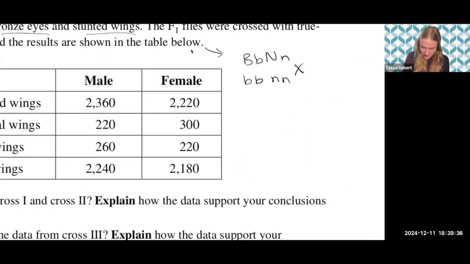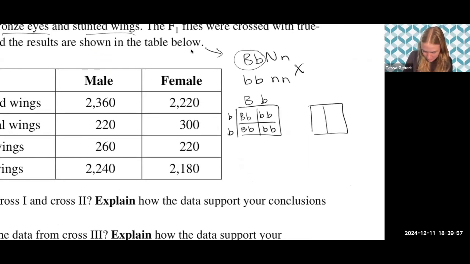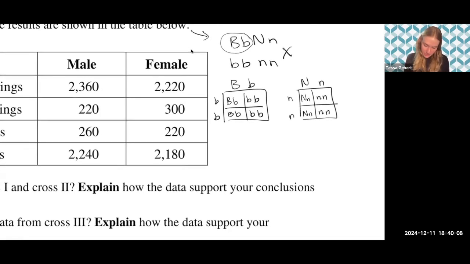When I do that cross, these are my expected ratios. If you're wondering where these came from, the big B, little b came from the dad. The little b came from the mom. When I cross, I get this. So all my offspring, let's do the math here.